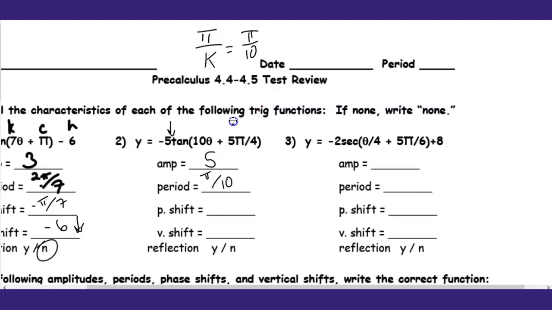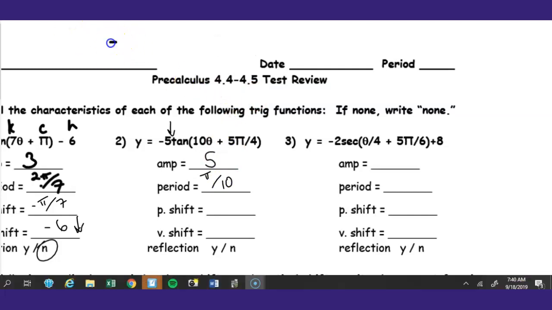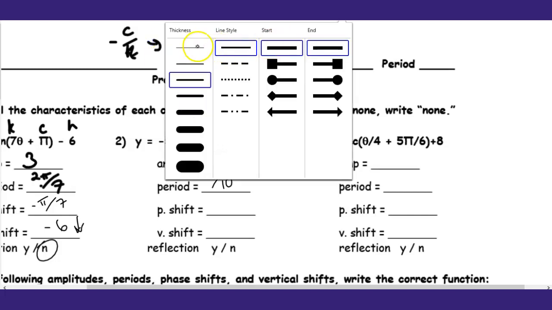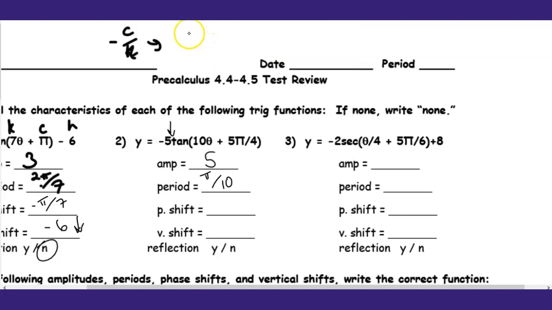The phase shift, again, same way. So again, negative c over k. You can do it that way, or you can take the whole parenthesis, set it equal to 0, and that'll give you your phase shift. I'm just going to do negative c over k real quick. So 5 pi over 4 divided by 10.